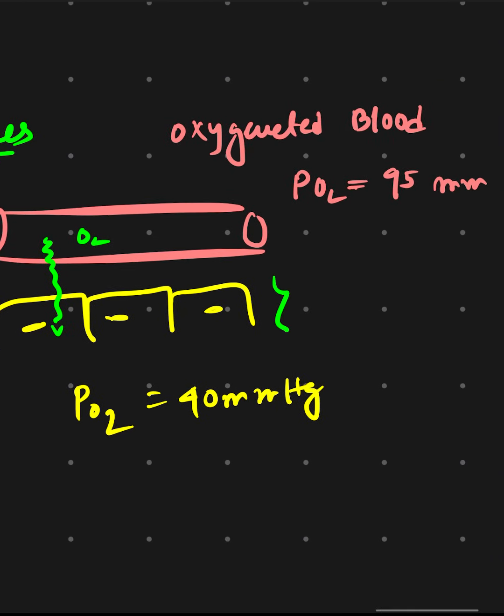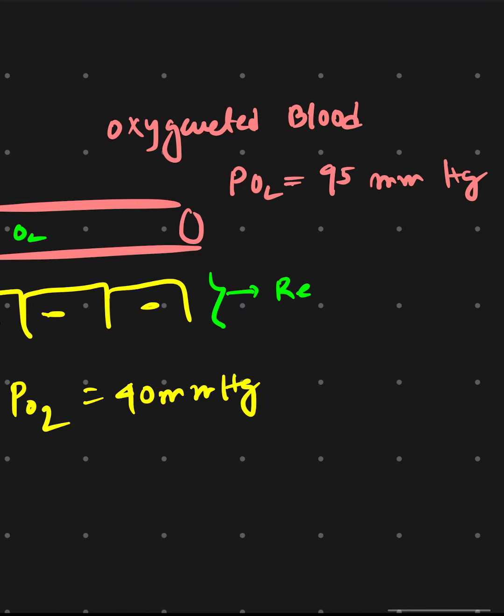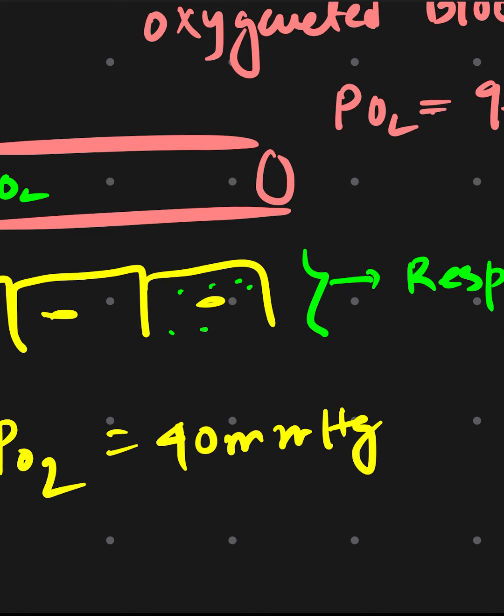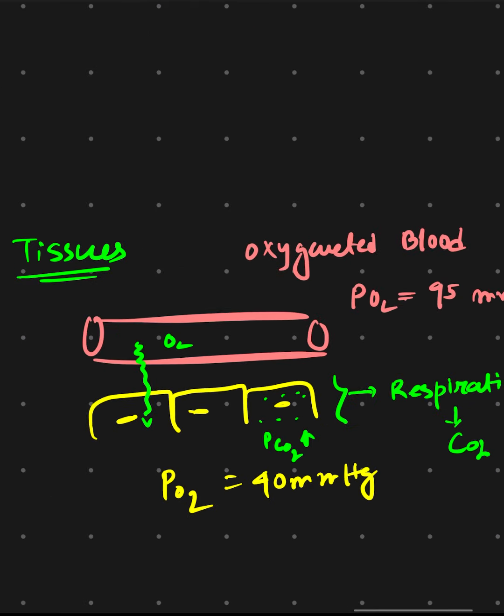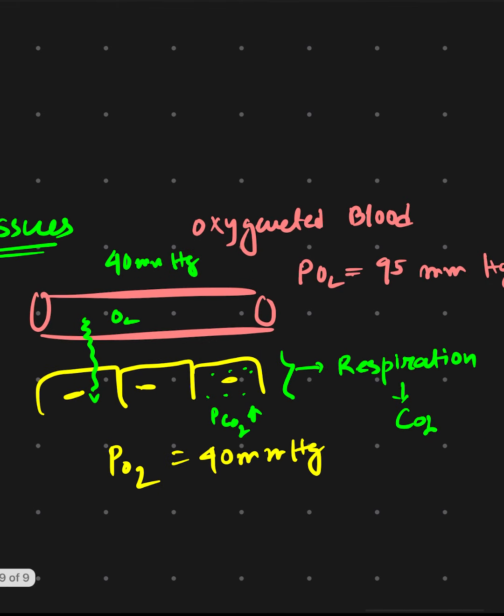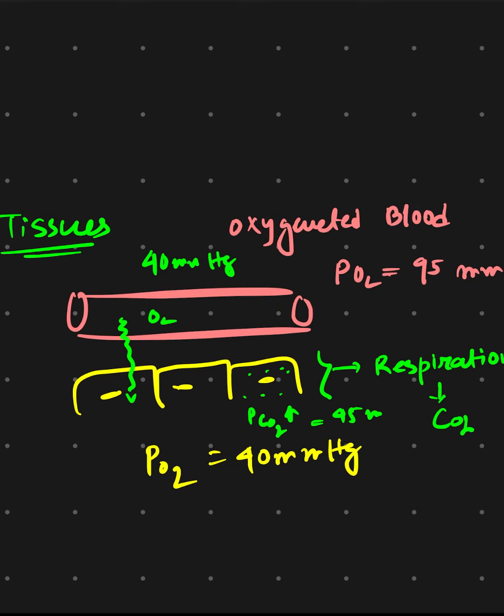And as these tissues are actively performing respiration, they must have produced a high amount of carbon dioxide. So the amount of carbon dioxide is high, so the partial pressure of carbon dioxide is also high, and in the oxygenated blood the partial pressure of carbon dioxide is low, around 40 mmHg, and in the tissues it is 45 mmHg.